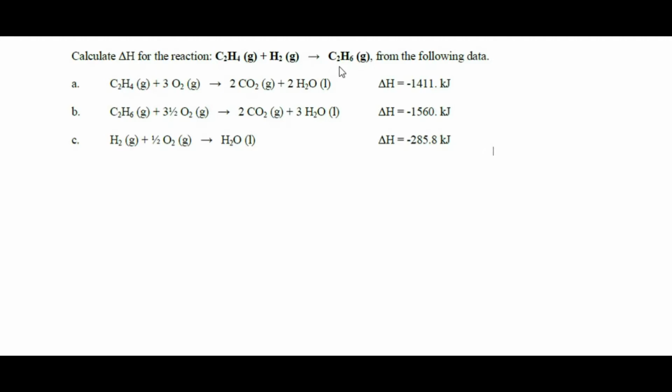So let's look at it. As you can see in this equation, we want this and this to be intact. So this is going to be the same. Meanwhile, we want this to go to the other side, so we have to transpose the equation.